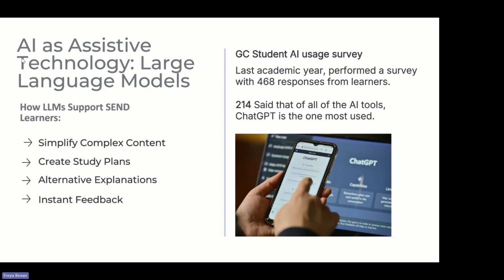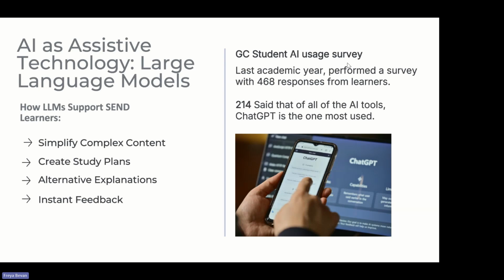Of those 468 responses, we found that 214 students said that of all the AI tools, ChatGPT is the one most used. So from this data collected, it's safe to say that LLMs are widely used within college by our learners. And from this, it's then important to explore how they can then be used and utilised as a form of assistive technology.